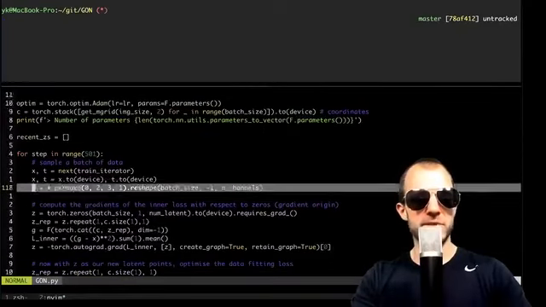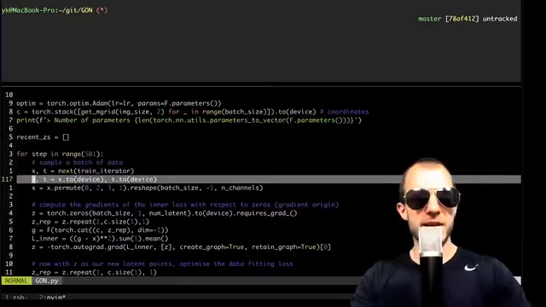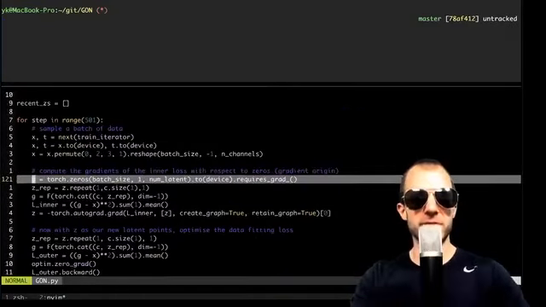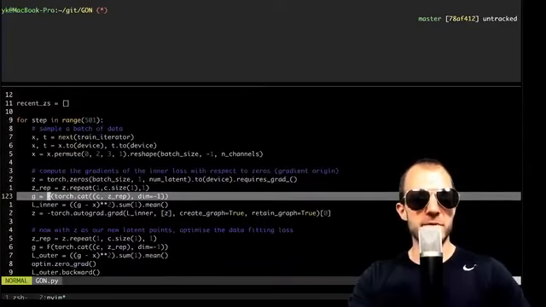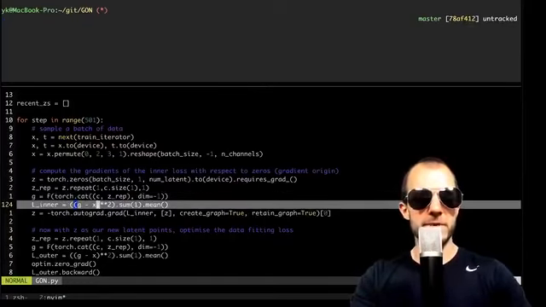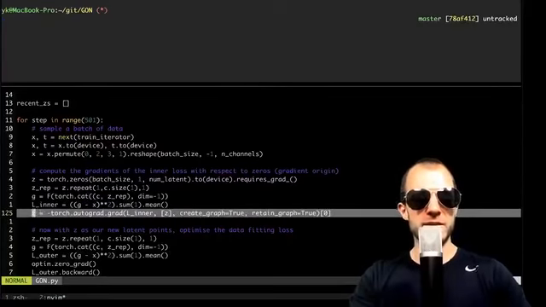So you have the step, so we do 500 steps, and in each step, as you can see right here, we start with zeros as z, then we put this into f concatenated with the coordinates. The coordinates is kind of a mesh grid type thing. We obtain the inner loss right here. We take the gradient of the inner loss with respect to z, and then the negative gradient, that's going to become our outer z.